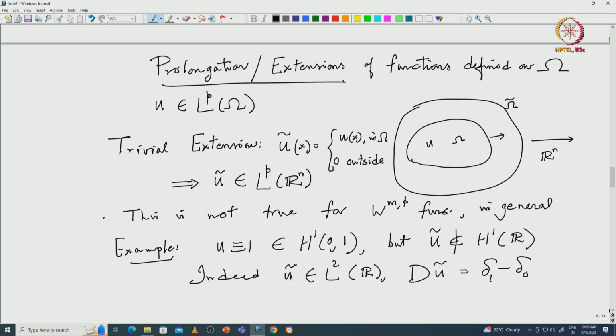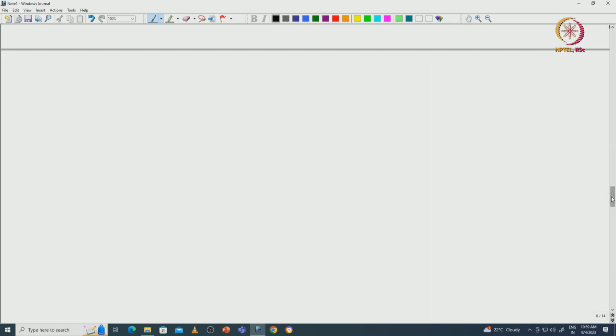That is a Dirac delta, which is not in L2 of R. So, the question in prolongations is: does there exist non-trivial extensions? The zero extension may not work.